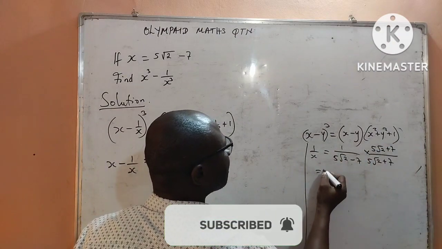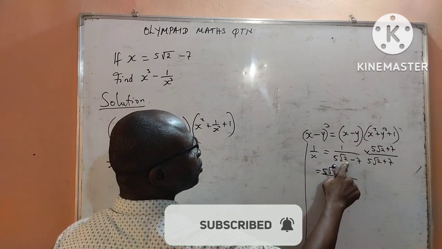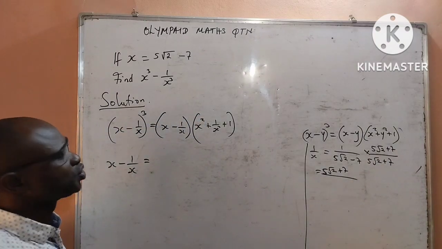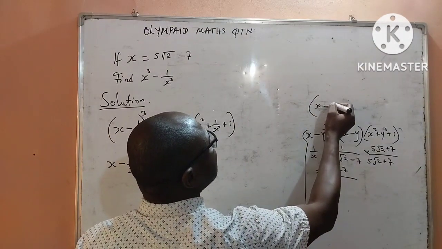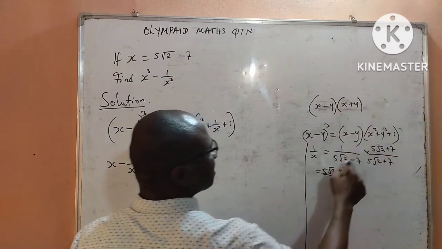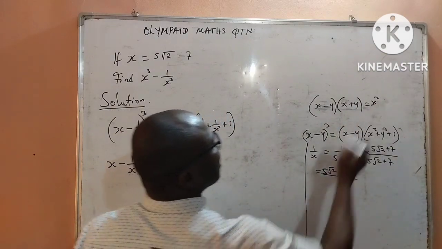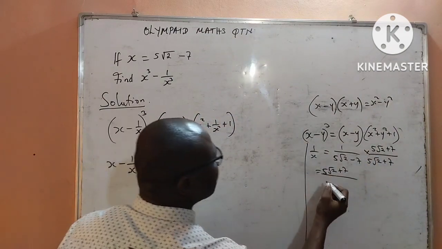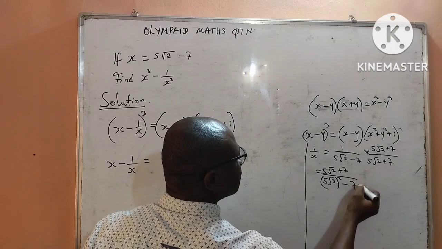1 multiplied by this will give me 5 root 2 plus 7 all over 5 root 2 minus 7 times 5 root 2 plus 7, which is simply the difference of two squares. By the difference of two squares, if you have x minus y multiplied by x plus y, the result is simply x squared minus y squared. So applying that here, I shall have 5 root 2 squared minus 7 squared.